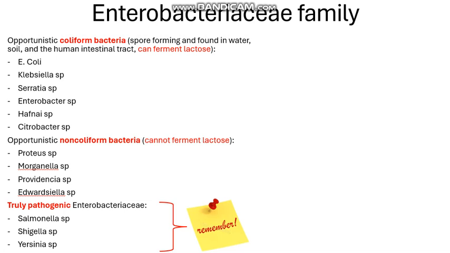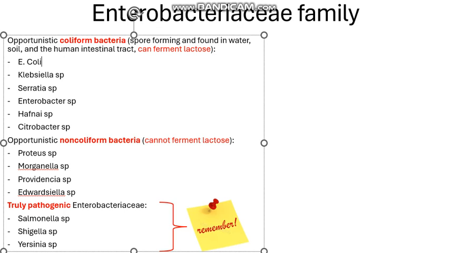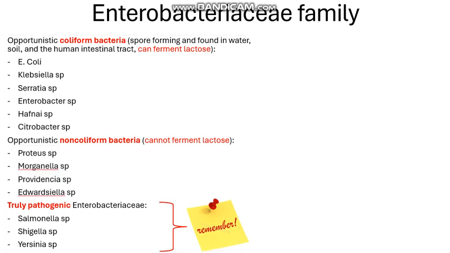Coliform bacteria just means that they can ferment lactose, so all these are coliform. We have opportunistic non-coliform bacteria, which cannot ferment lactose, and they're shown there. And then we have truly pathogenic Enterobacteriaceae like Salmonella, Shigella, and Yersinia, which we're going to go over probably in the next video.